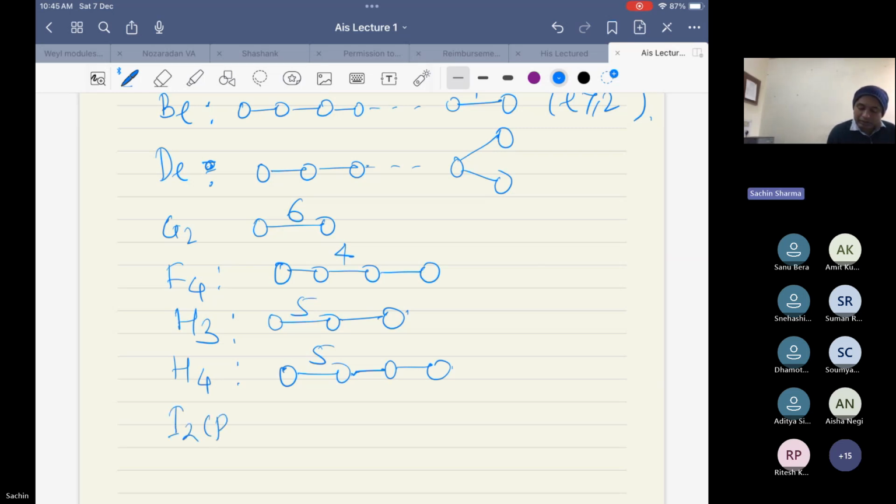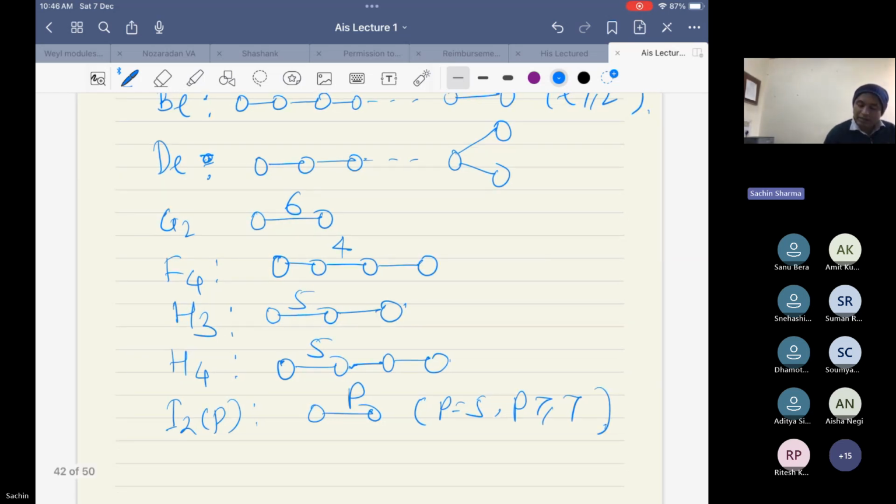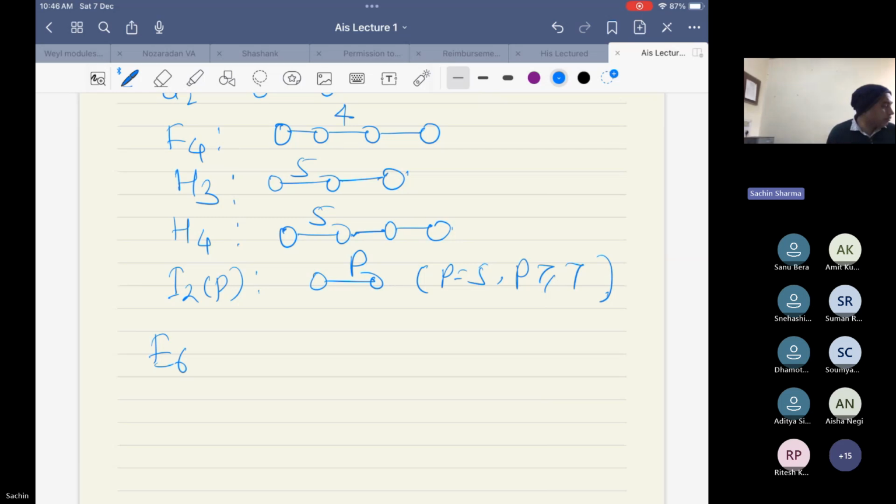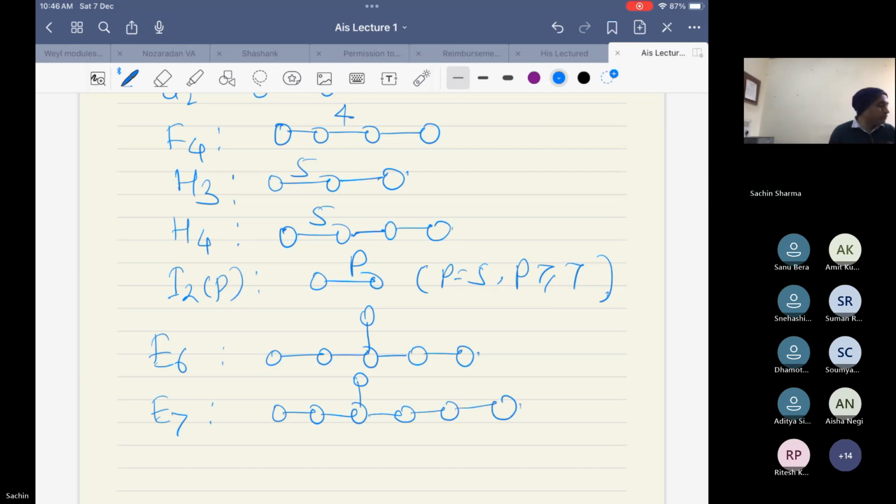This is called I2P, which is actually a dihedral group. And the exceptional ones, E6. This is E7, and similarly you will have E8.